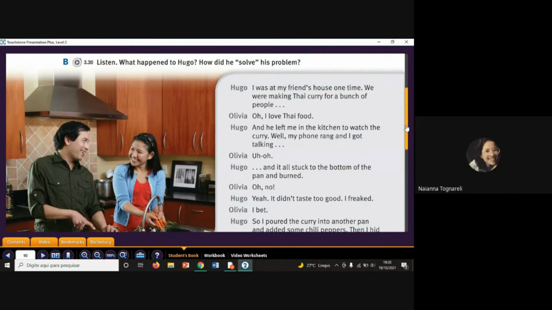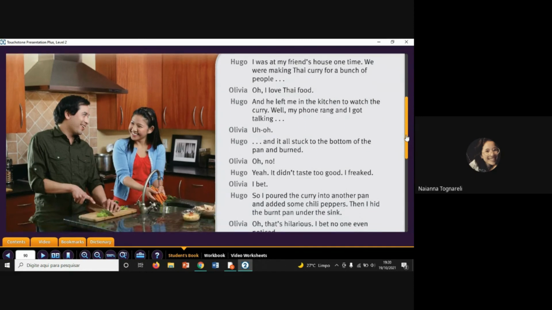I was at my friend's house one time. We were making Thai curry for a bunch of people. Oh, I love Thai food. And he left me in the kitchen to watch the curry. Well, my phone rang and I got talking. Oh. And it all stuck to the bottom of the pan and burned.